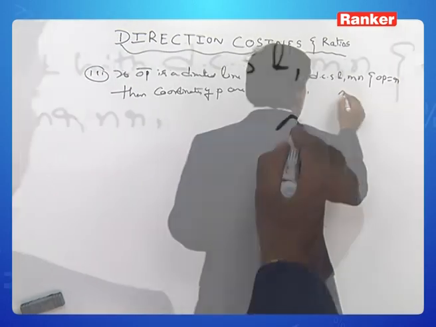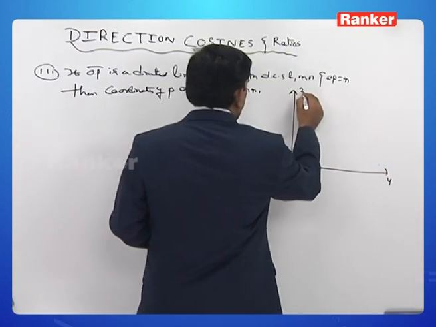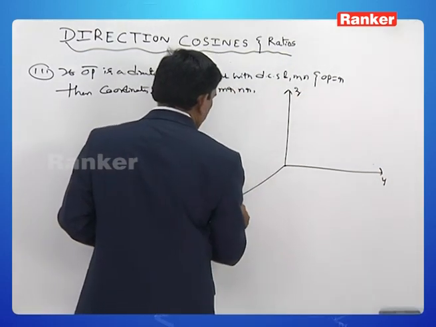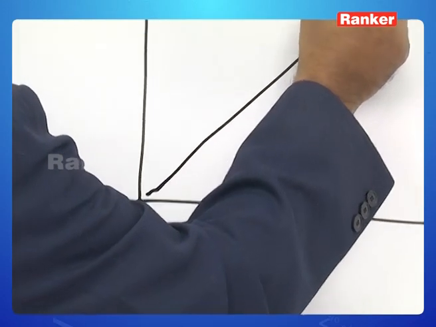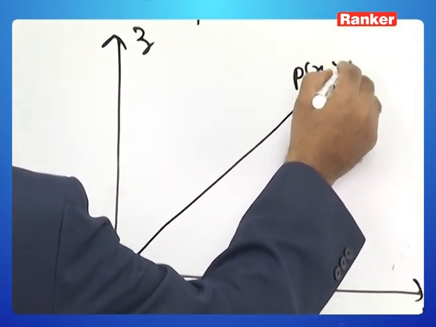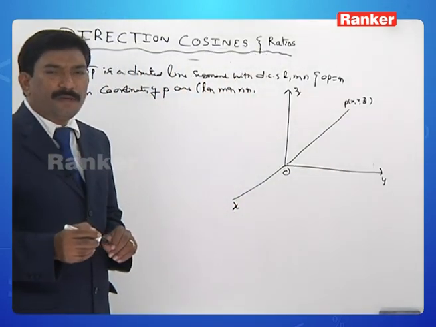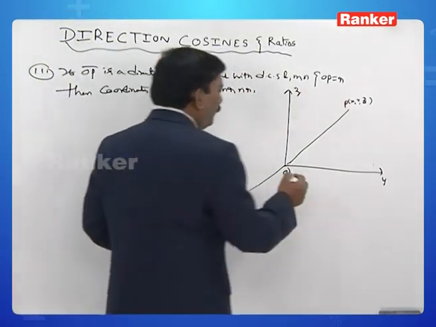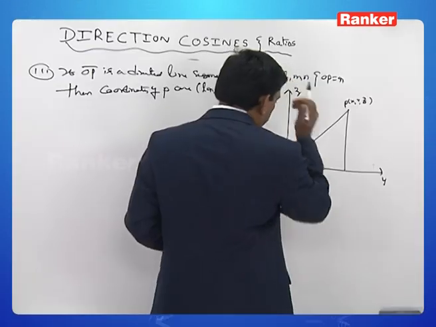Let us take this as the y-axis, this as the z-axis, this as the x-axis, and this is the origin. Take a point P of x, y, z defined in space. Draw a line from P to the y-axis.